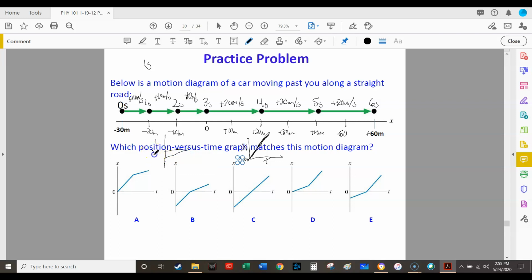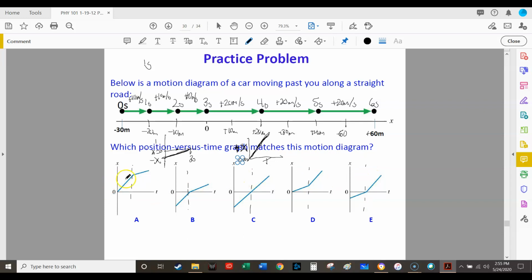So this is the 0 mark right here, and this is occurring at 3 seconds. So it's got a shallow slope, and it's in the negative part of the position versus time graph. When it hits the 0 meter mark here, its positions are in the positive part of the position versus time graph. Well, we're going to be looking for an initial line, so I'm going to break up these guys, and we're going to interpret each one of these separately.